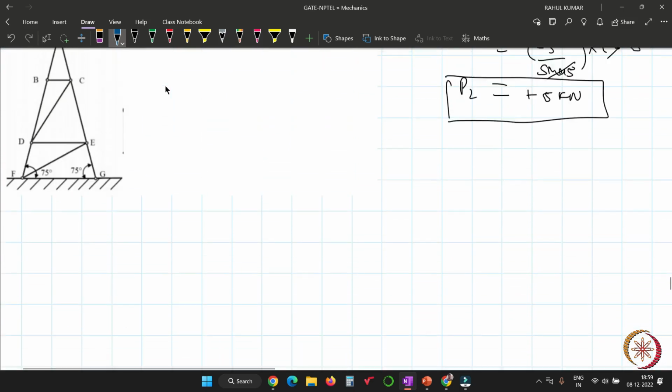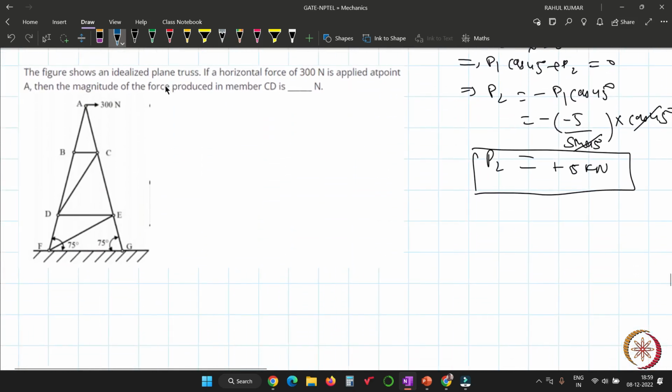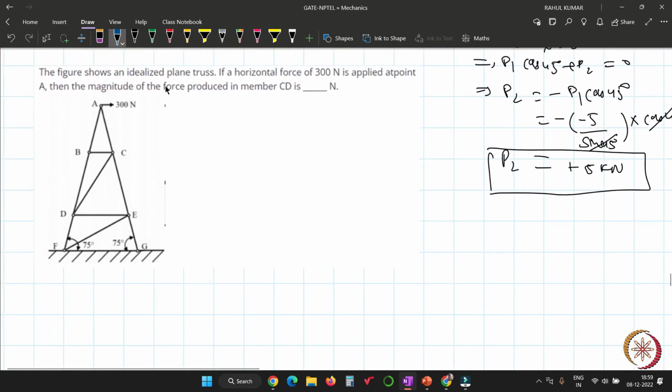That is the next problem. It is a very straightforward question. Try this.